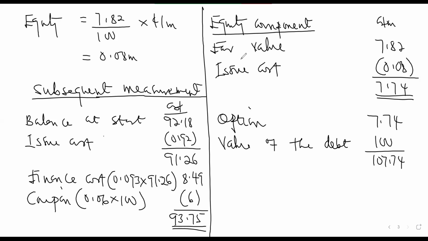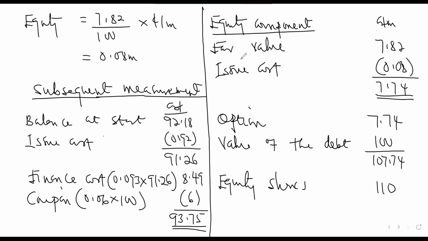The option to convert will always be there, and the debt value at the end of the 3rd year is also this one. Let's assume that we are now giving them equity shares of 110.